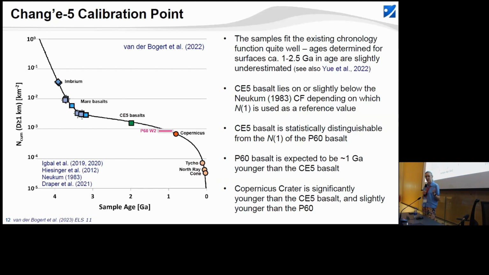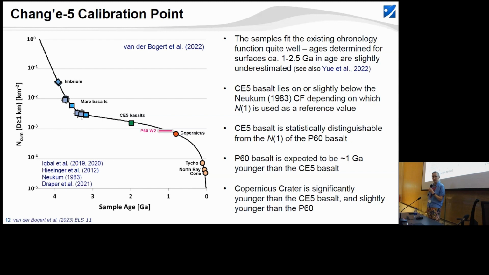Okay, so this is good news. And what this means when it plots slightly below that chronology function is when you're using that chronology function to determine an absolute model age, those ages are slightly underestimated for those locations in this flat part of the curve.